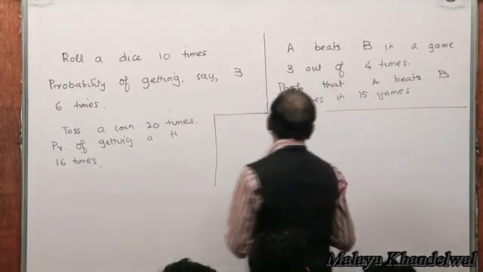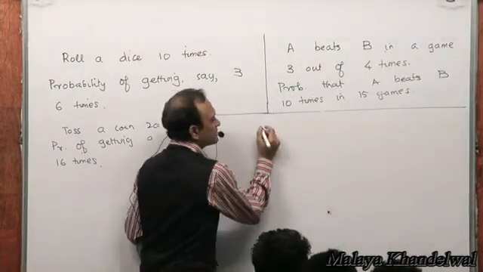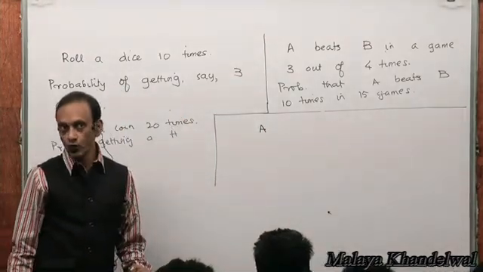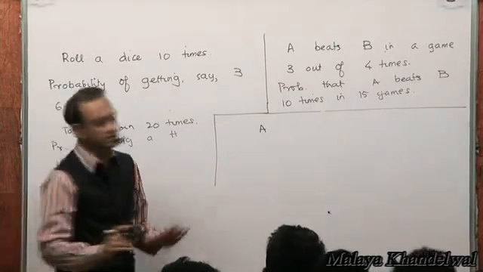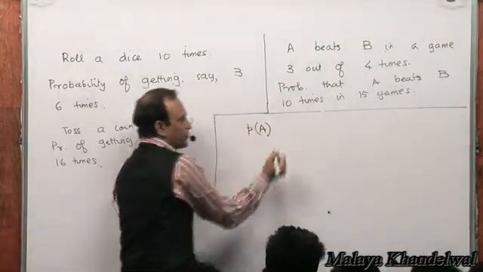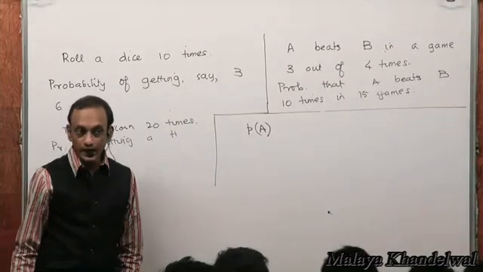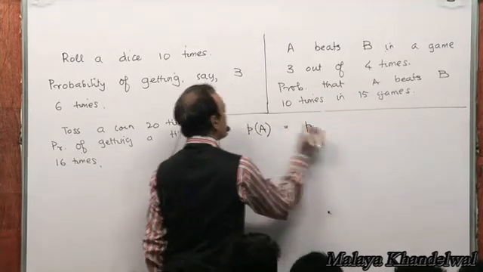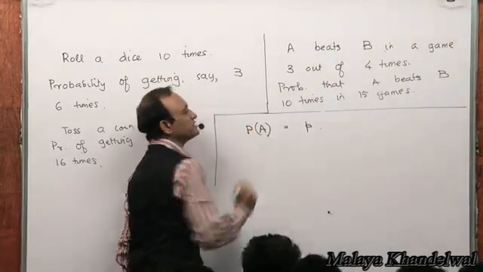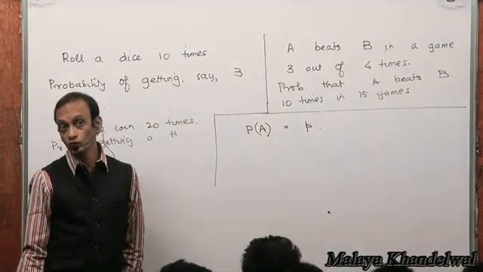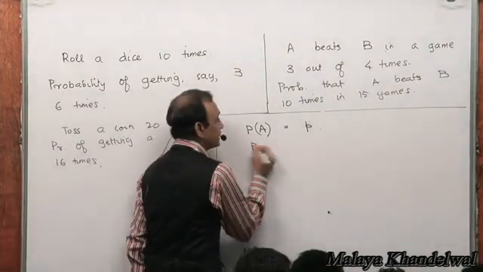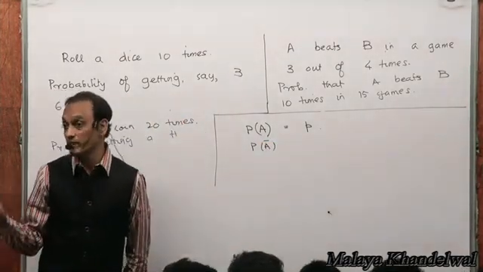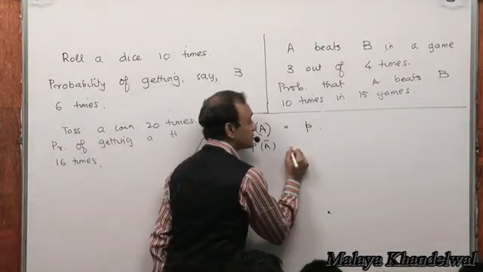Now, in a situation, if I have an event A, and the probability of the success of that event, let me call it P. The failure of that event is A complement, the probability of the failure of that event, that's Q, right?